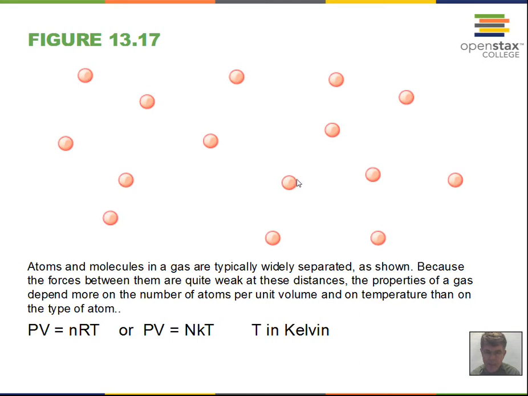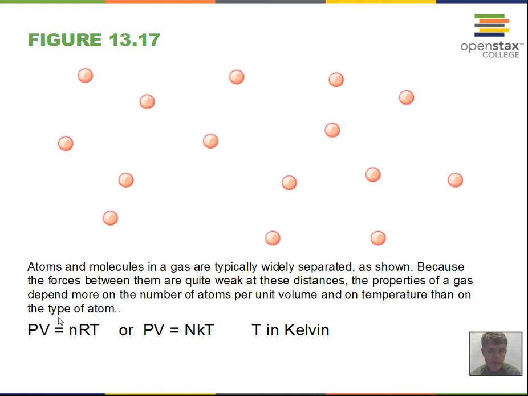The atoms or the molecules are extremely far apart, so we can write a general equation that allows us to discuss changes for all types of gases, regardless of what actual element or molecule is making up the gas.